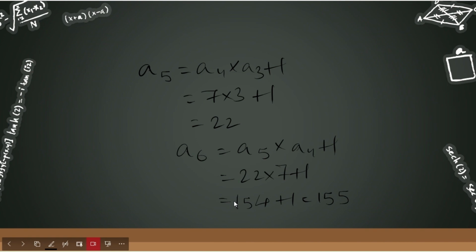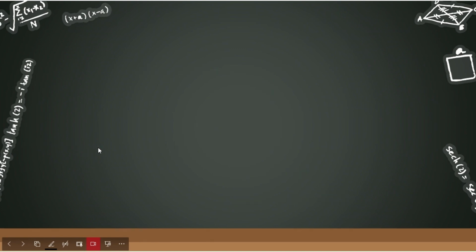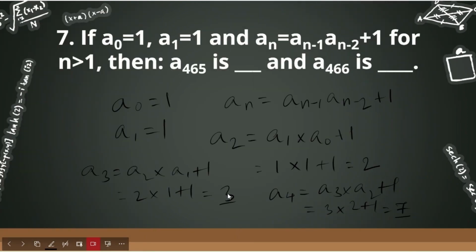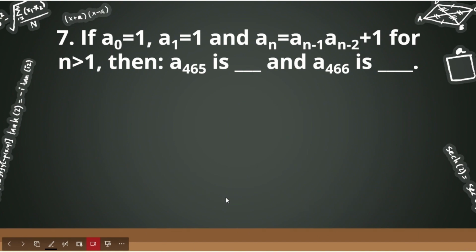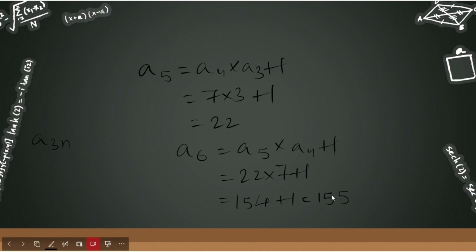So here we see that a3n, which is a3 or a6, what was a3? We see a3 was 3, and a6 is 155.